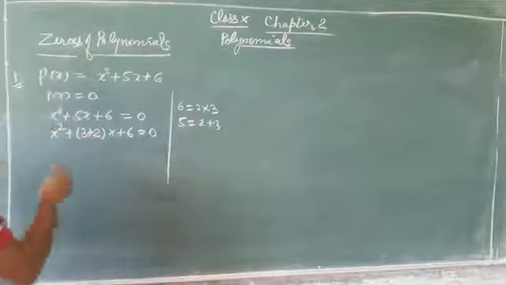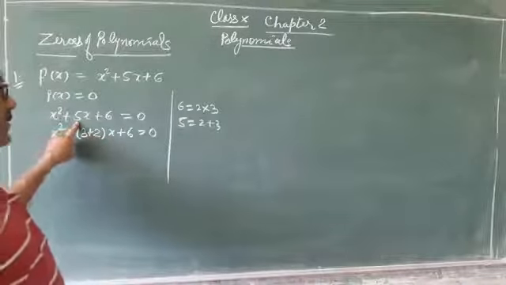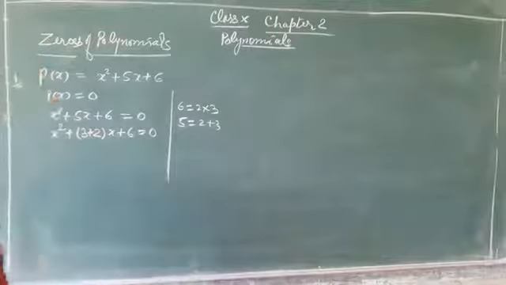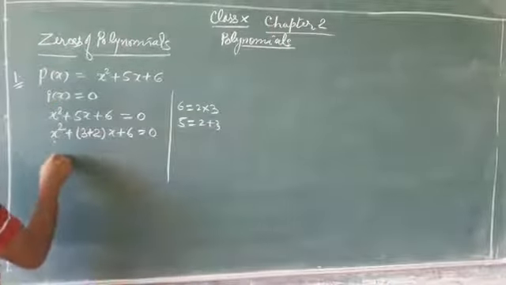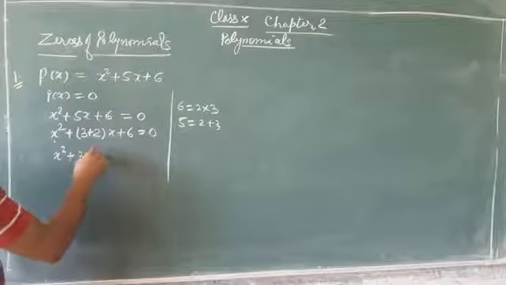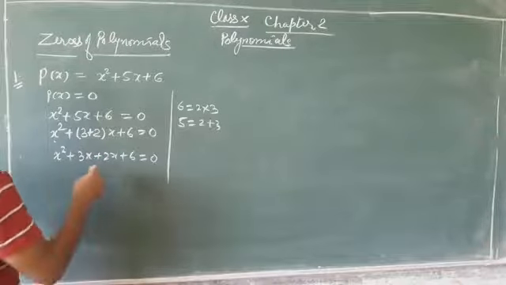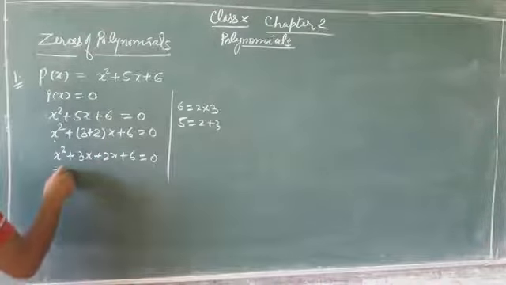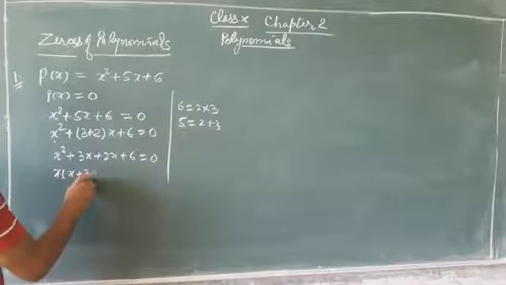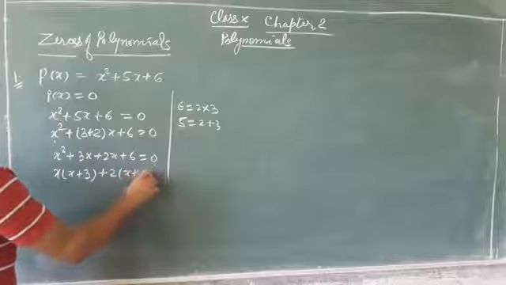So it becomes x square plus 3x plus 2x plus 6 is equal to 0. If we take x as common, we get x plus 3.